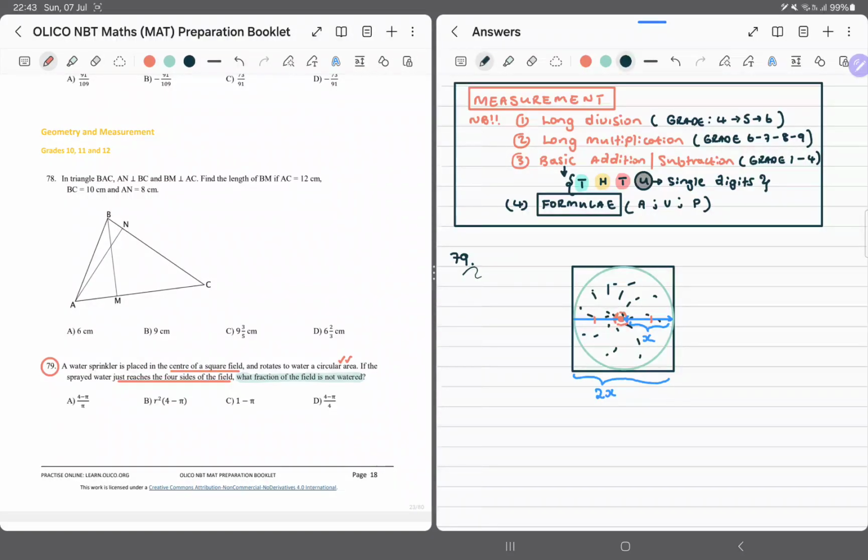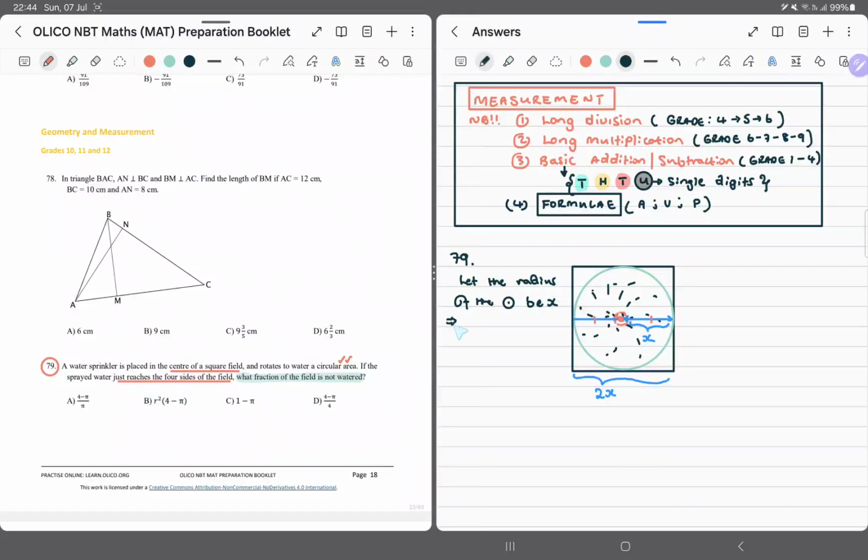We can say here, let the radius of the circle, sometimes I don't like to write a lot, symbols make a difference, be x.